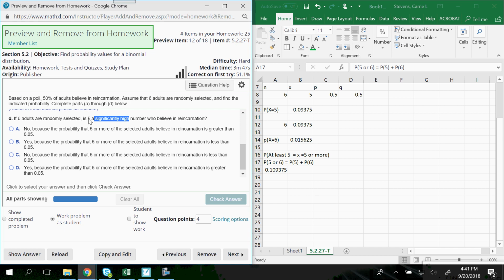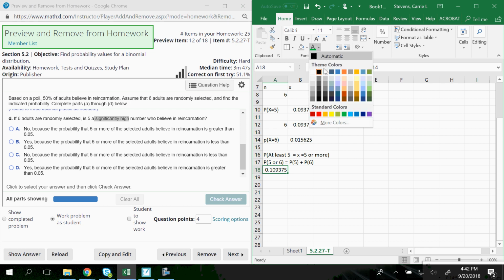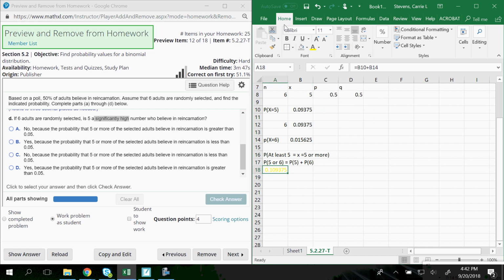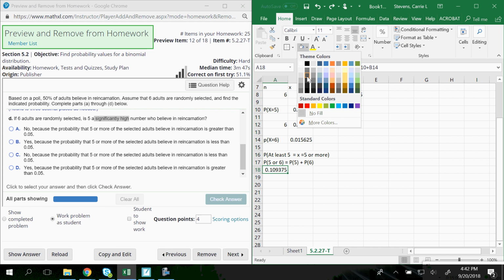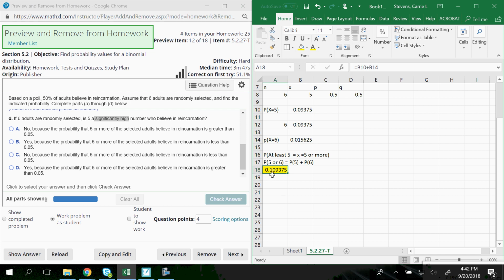If it's rare to get 5 or 6 successes, then we'll say that 5 is significantly high. So the rare event rule, we're looking at this probability right here. The rare event rule says we consider an event to be rare if the probability is less than or equal to 5%.